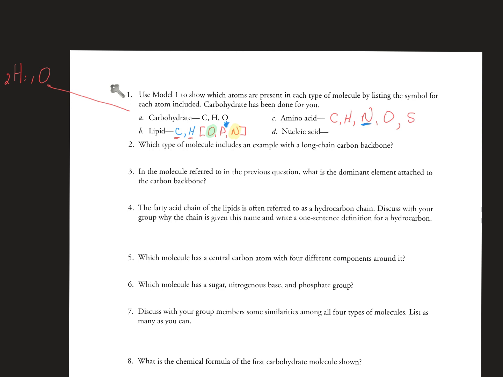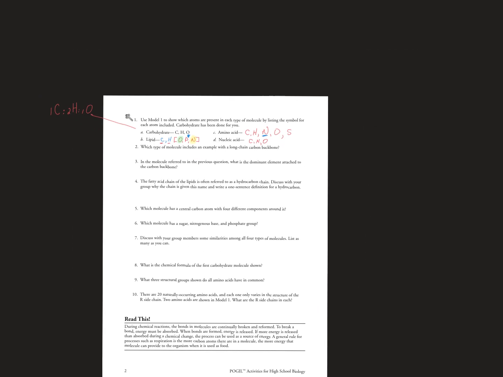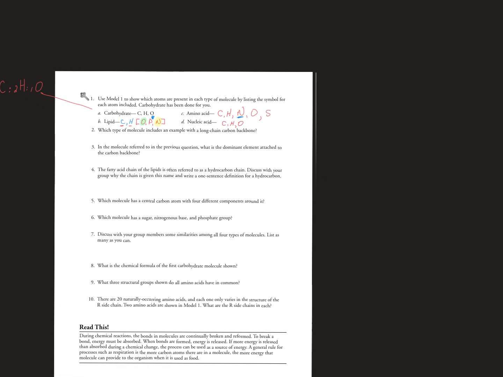Nucleic acids also have a lot of nitrogen. So with nucleic acids, you have carbon, hydrogen, and oxygen. That should be fairly reasonably understood by now when you think about the fact that nucleic acids do have that sugar, either ribose or deoxyribose.